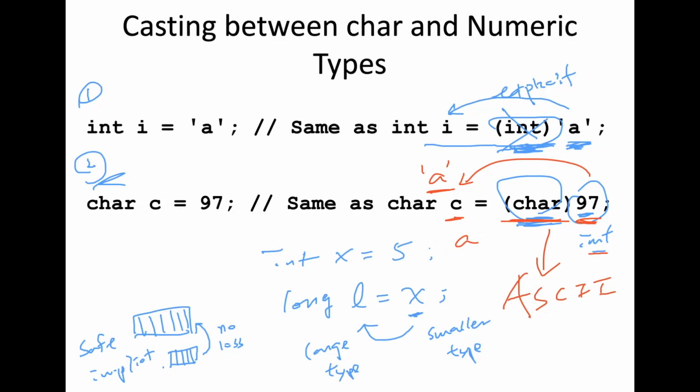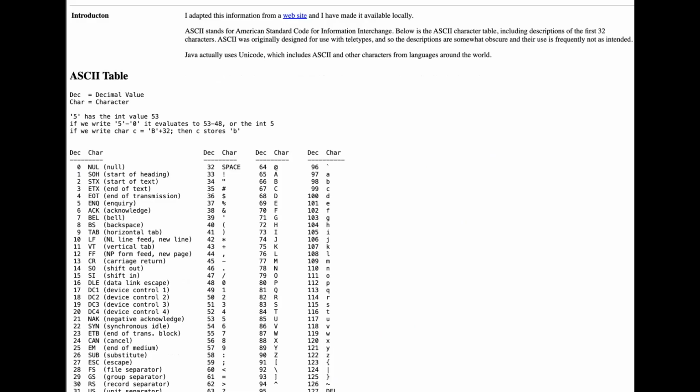Let's consult an ASCII table to verify this. Let's look at this chart. On the one hand, we have the decimal representation, and on the other, the character version. The decimal representation for 97 corresponds to the char letter 'a', and this is the lowercase 'a'. The capital 'A' is 65.